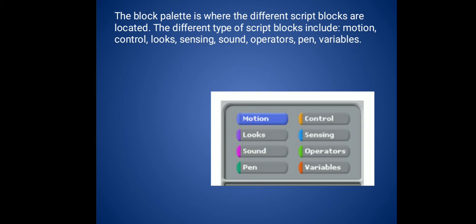So for example, motion has a blue color. Control has an orange color, looks purple, sensing blue, sound magenta, operators sea green, pen green, and variables orange. So whatever type of block you choose, whatever kind of command of each block you use, that color will be reflected in the script area.